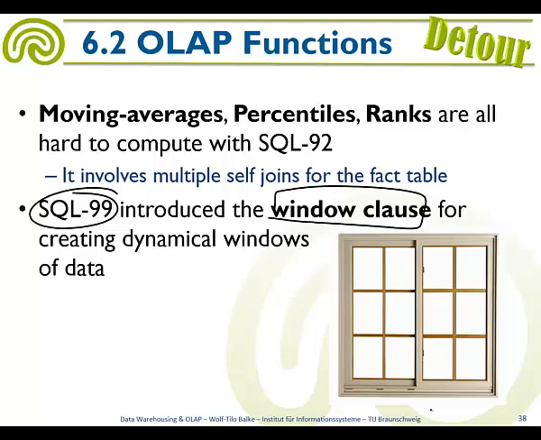And the window clause, you can do a lot of things with it. You can do moving averages, you can do ranking with it, as we will see. And the window clause basically allows you to create some kind of a dynamic window. You decide on the size of the window, you decide how it's sorted, and what kind of aggregations you can do on top of it.